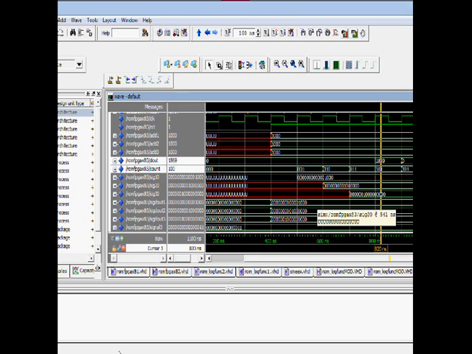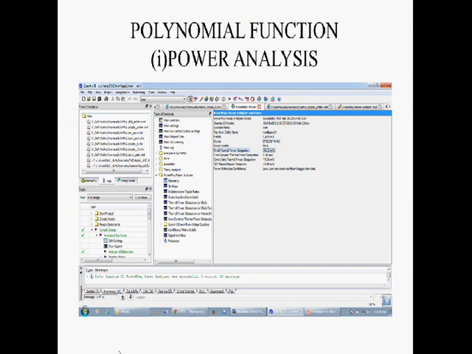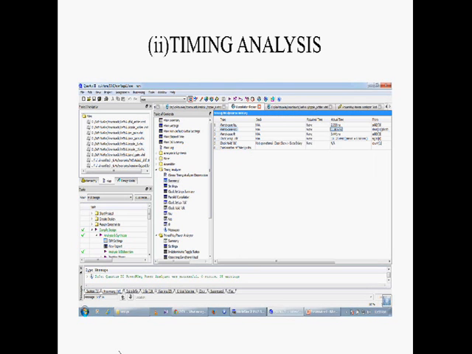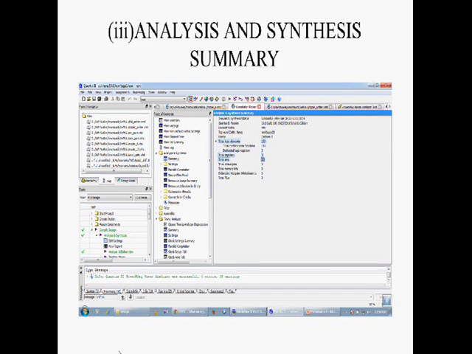Here I am using 3 bits, and the maximum output given here is 1869. The output can be used to increase the speed and reduce the delay. The polynomial function power analysis is 70.25 millivolt, and the timing analysis is 11.809 nanoseconds. The analysis summary of this synthesis is that it requires 3 registers and 30 pins.